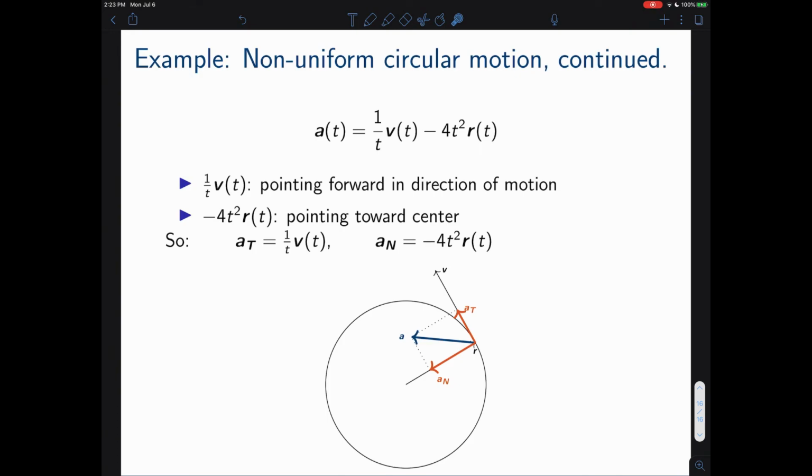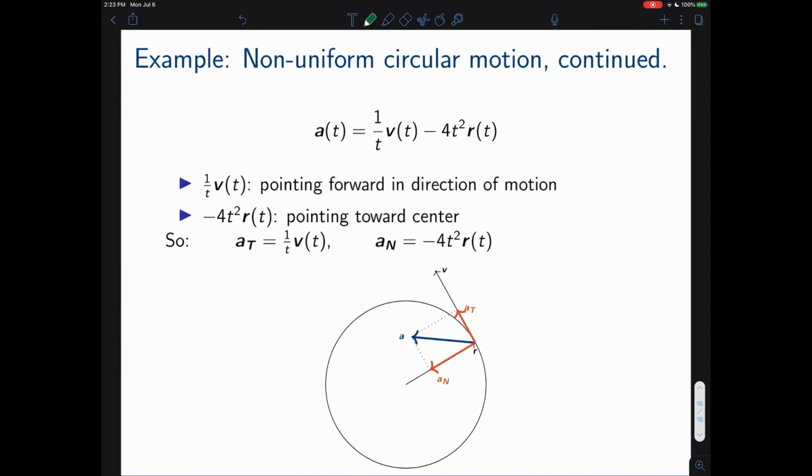And in fact, we don't need to do any projections at this point. We've already decomposed it into one component that points along the direction of motion, in the direction of v. It is a scalar multiple of v. And a second component, the minus 4t squared r of t, which points in the direction of r, which is towards the center of the circle.